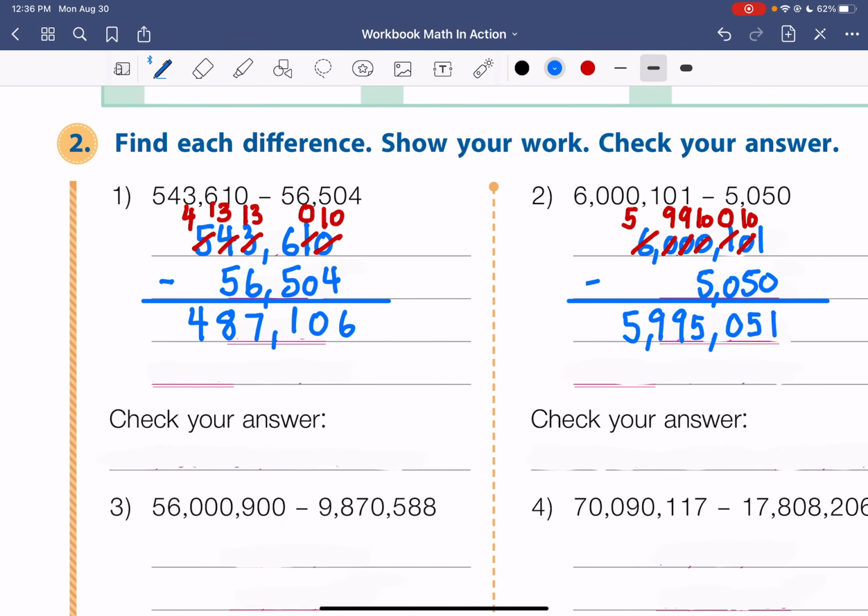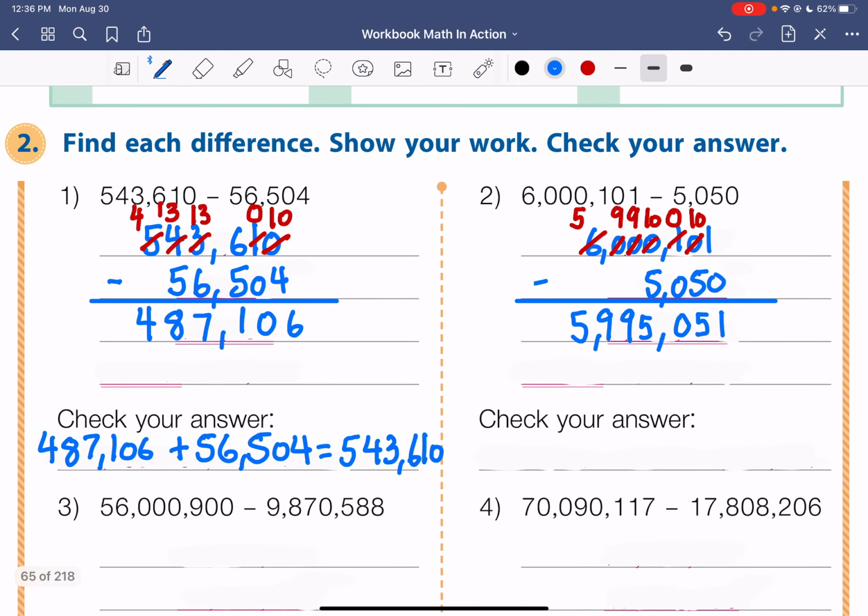So what we're going to write, the first one, 487,106 plus 56,504 equals 543,610. That's how we check our answer.